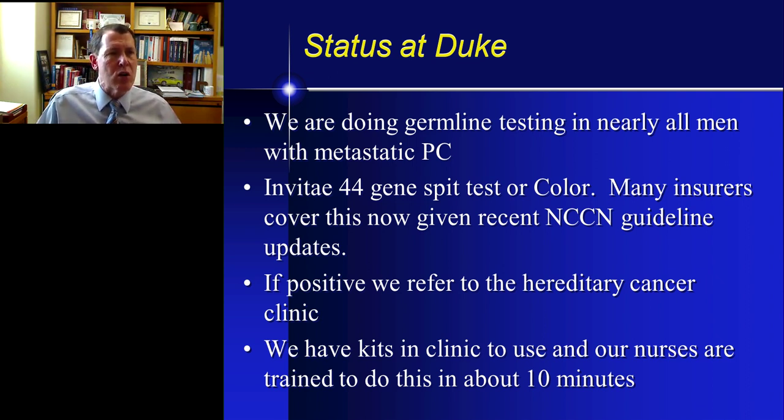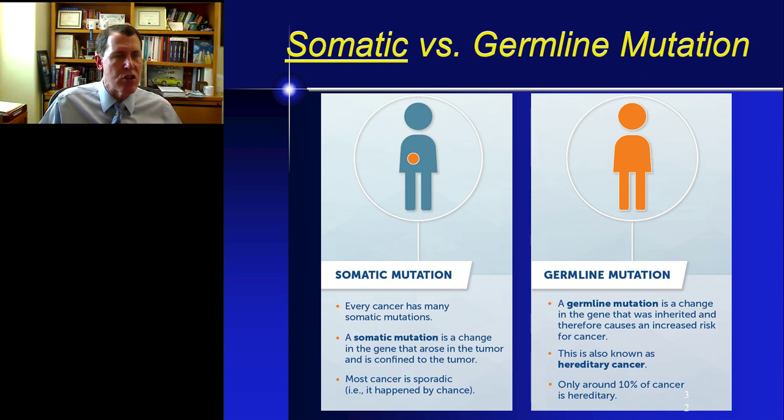Now let's switch gears and spend the remaining time we have talking about somatic mutations. And remember, a somatic mutation is a mutation in a gene that occurs in the tissue, not in the germline, but in tissue such as the tumor tissue of a patient who has cancer.